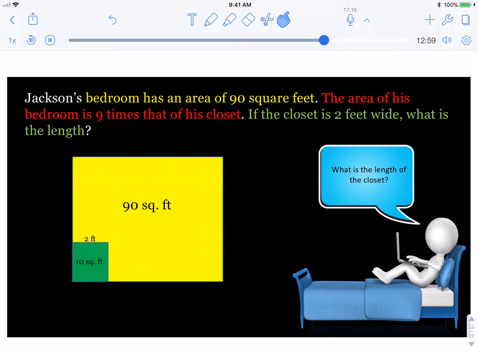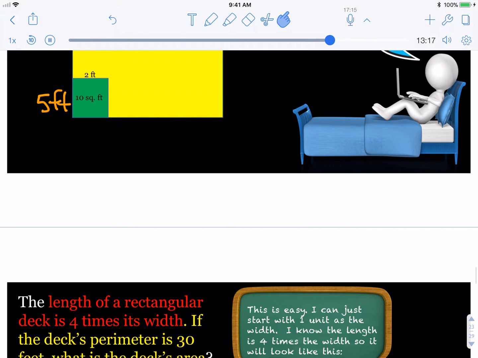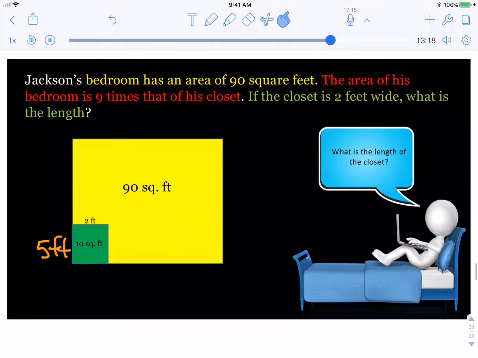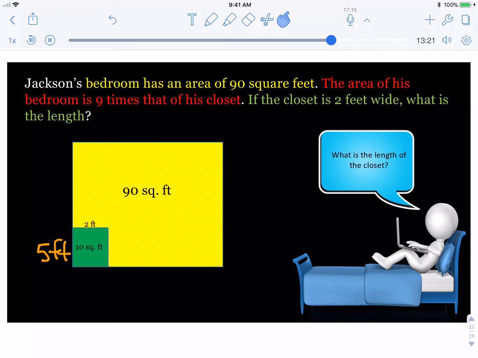What is the length? Well, the length is going to be 2 times what equals 10? 2 times 5 feet equals 10. So the length of the closet is 5 feet.